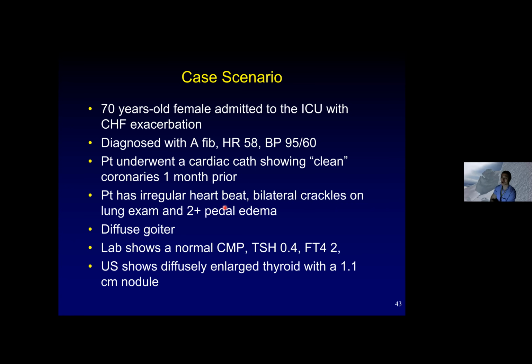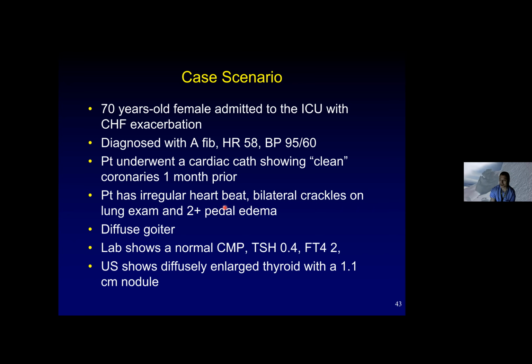So now coming back to our case, we had a 70-year-old female that was admitted to the ICU with CHF exacerbation, that had a diagnosis of AFib with a heart rate of 58 and a blood pressure that was kind of low. And the patient had a history of having had a cardiac cath showing clean coronaries a month before. So that meant that the patient had this load of iodinated contrast a month before.